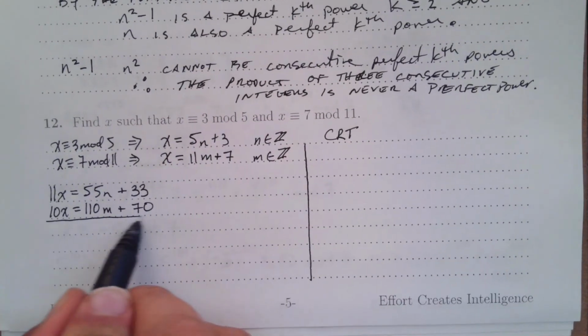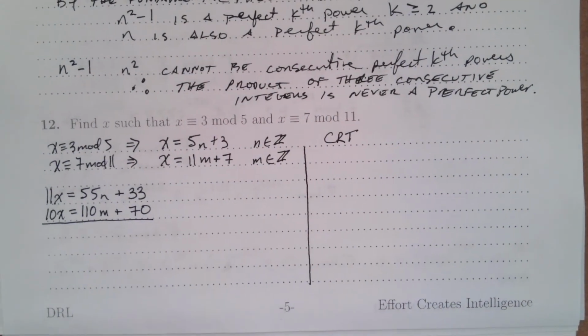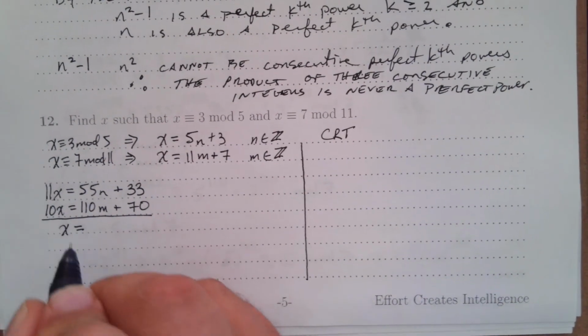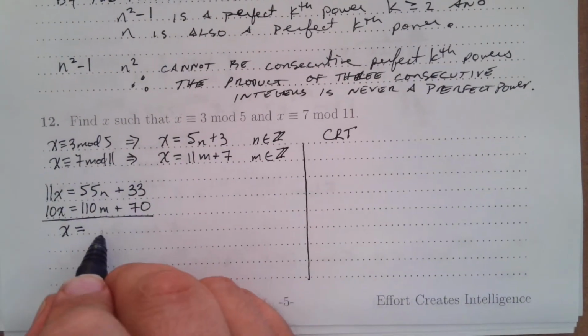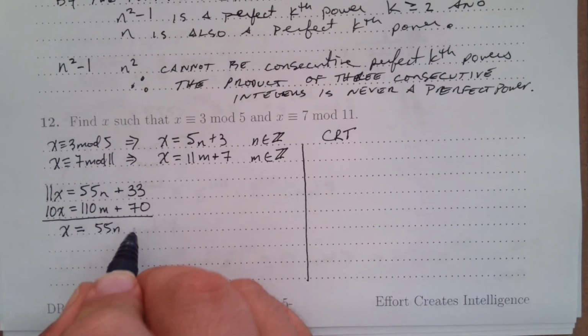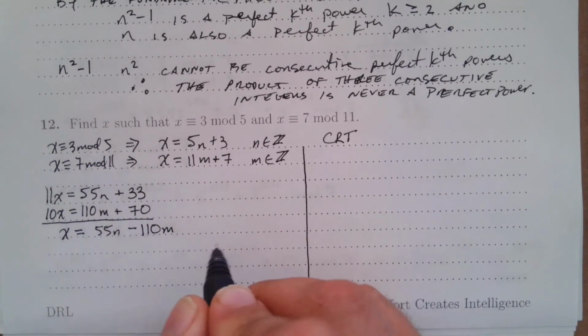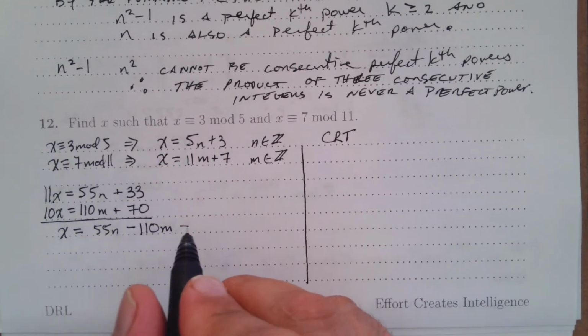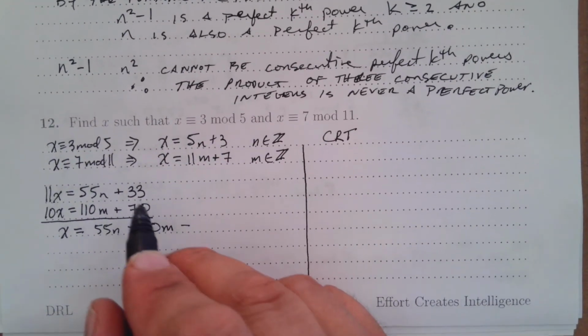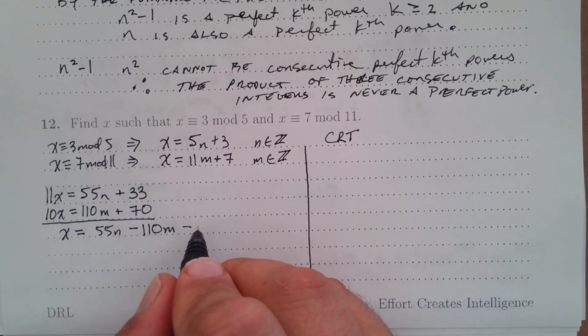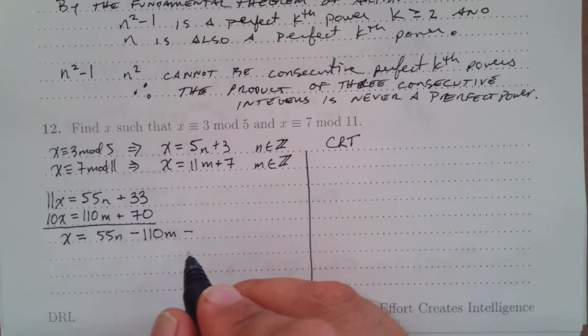All right, and if I were to subtract, I would be able to say that x is equal to 55n minus 110m minus, let's see here, 33 minus 70. That would be, if I'm not mistaken, 37.